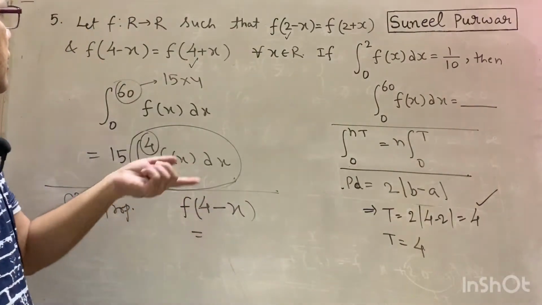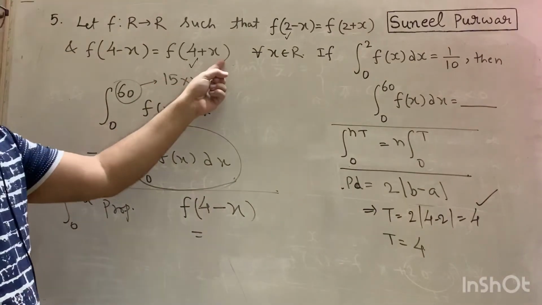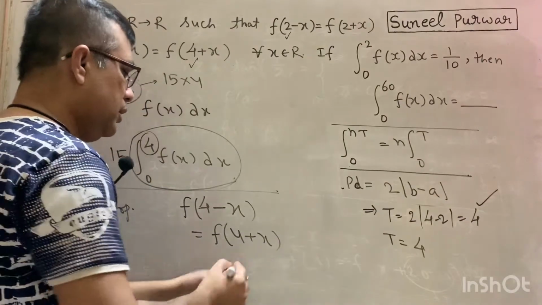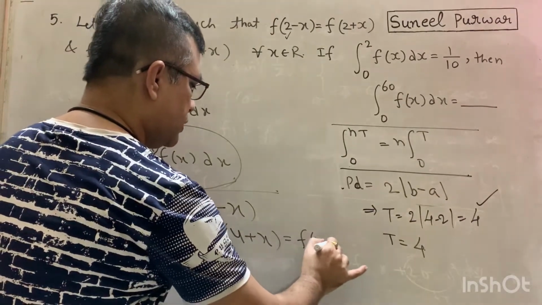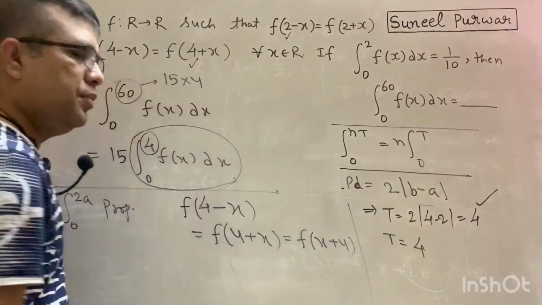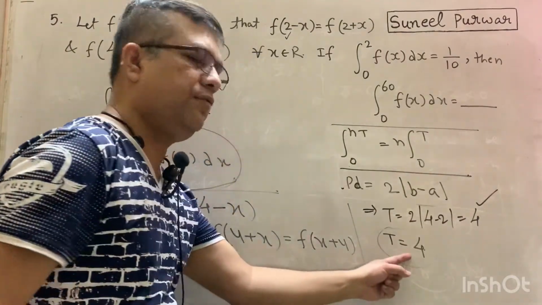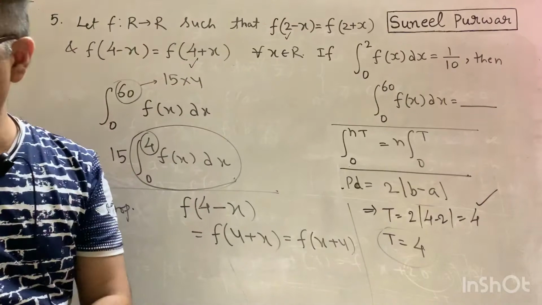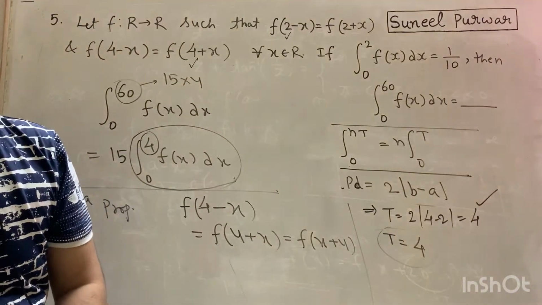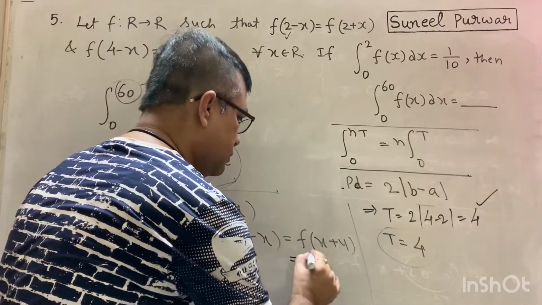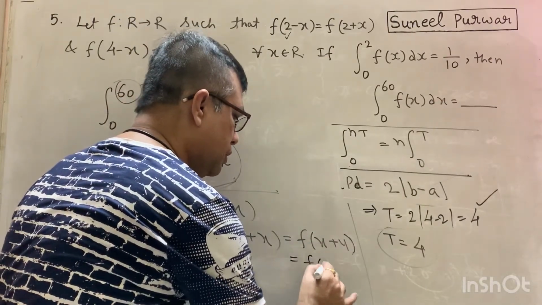So using the given condition, f of 4 minus x is nothing but f of 4 plus x. This you can write as f of x plus 4. But using the periodicity concept, f of x plus 4, remember the period of the function f is what? 4. So f of x plus 4 will be nothing but f(x).